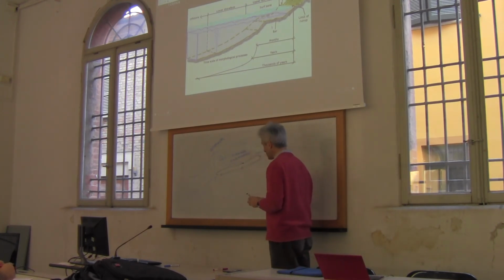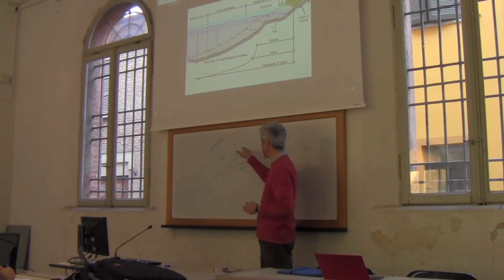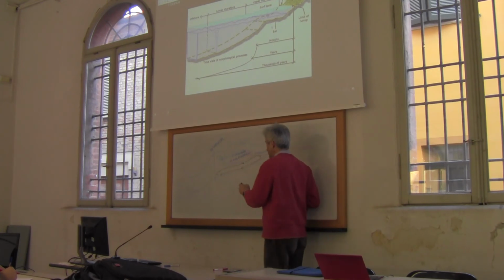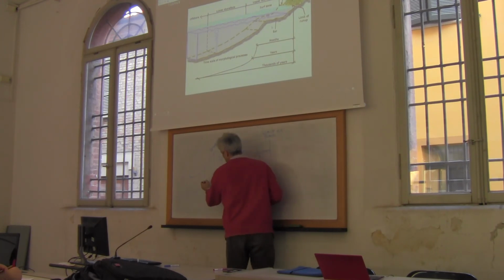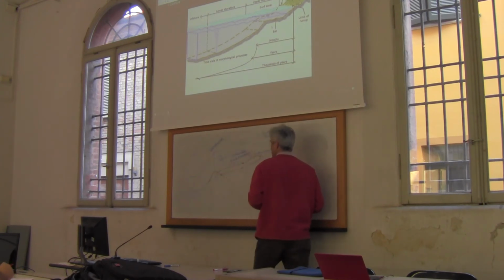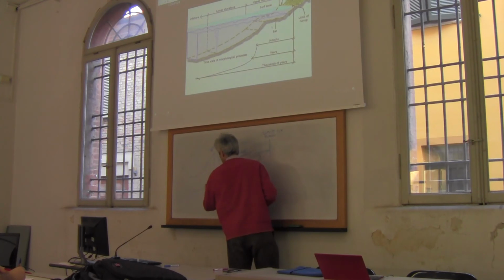So here, associated to this turbulence and this movement of mass, I have a movement of sediments. And then these sediments, when they come back, collide against the wave that is coming from the offshore zone. So here, what I have is a deposition of sediments. And this deposition of sediments is the bar.